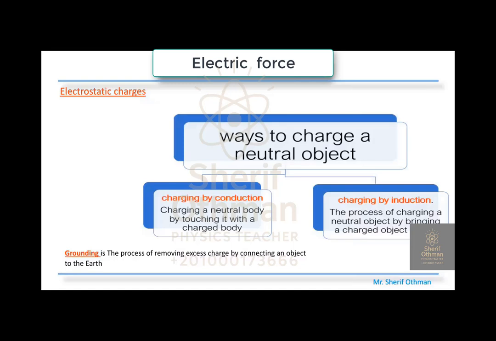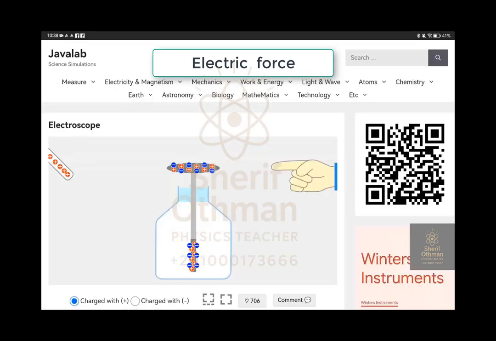But if we did like the last simulation, just by approaching the knob without touching it, like this. Before approaching the knob, the electroscope was neutral. After approaching the rod, we are going to notice that the charge will be collected in a certain place.